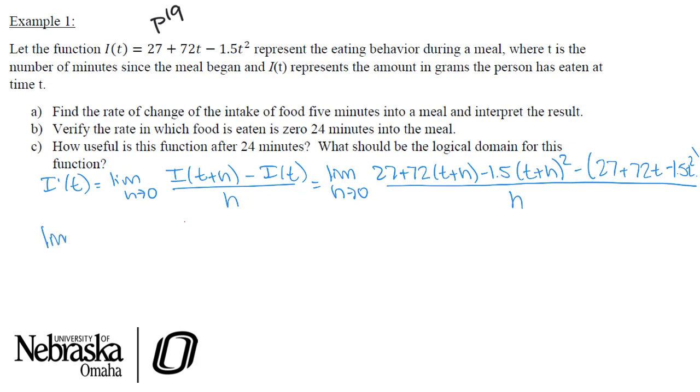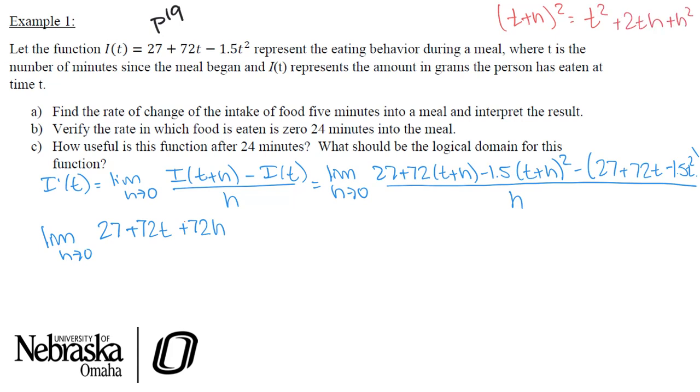Okay, now we have some algebra to do. So we want to distribute our 72, so we have plus 72t plus 72h. Now, we also want to FOIL this t plus h, okay? So off to the side, t plus h squared is equal to t squared plus 2th plus h squared.